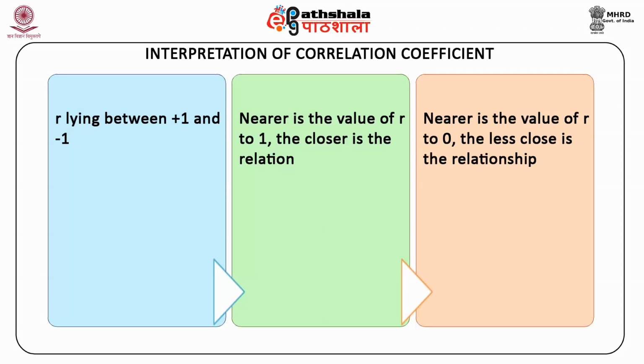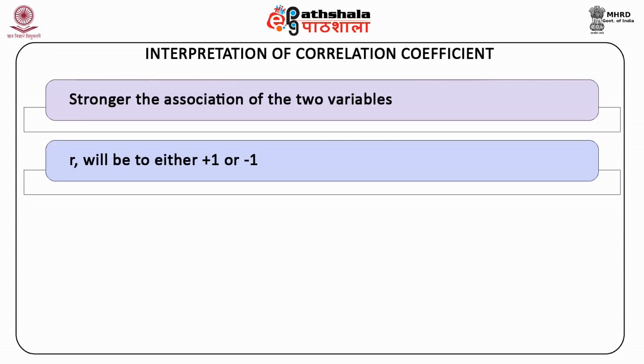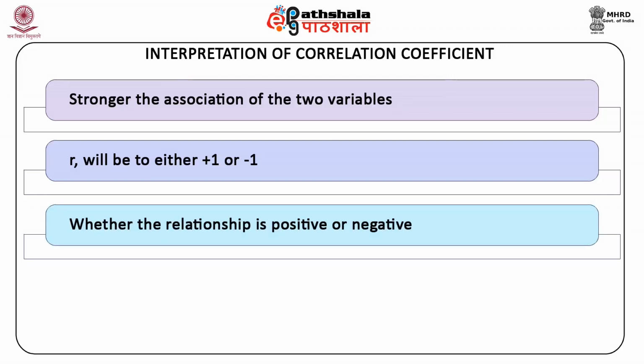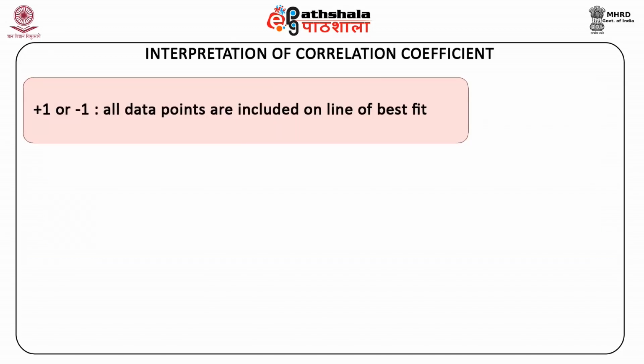One should be very careful in interpreting the values of r, as it is often misinterpreted. The stronger the association of the two variables, the closer the Pearson correlation coefficient r will be to either -1 or +1, depending on whether the relationship is positive or negative respectively. Achieving a value of +1 or -1 means that all your data points are included on the line of best fit.